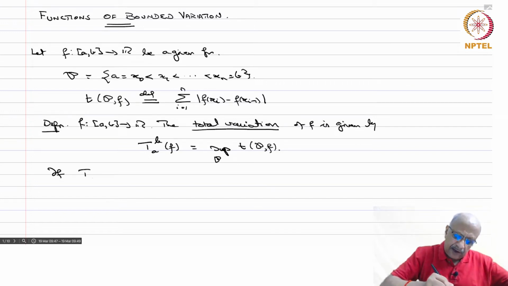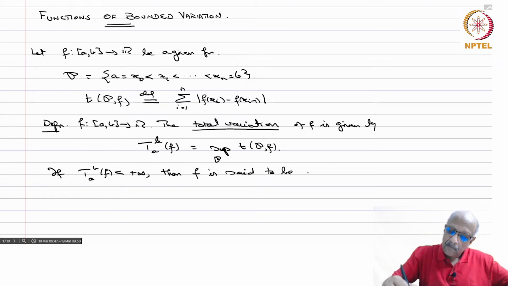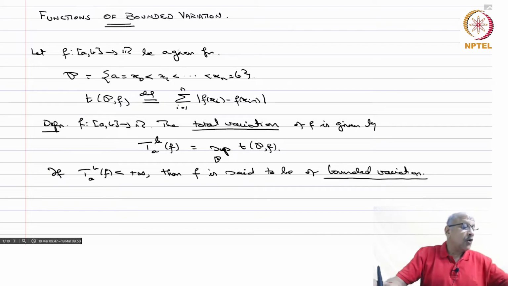If T_a^b(f) is less than plus infinity, this need not be finite, then f is said to be of bounded variation. So functions of bounded variation are functions whose total variation is finite or bounded.